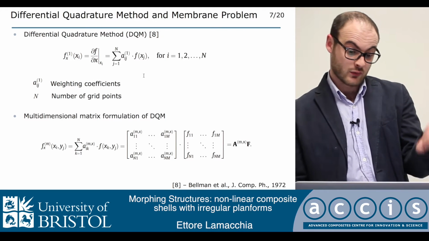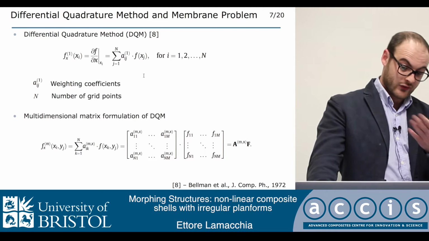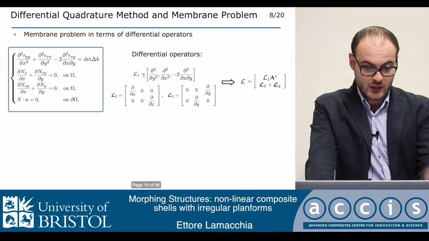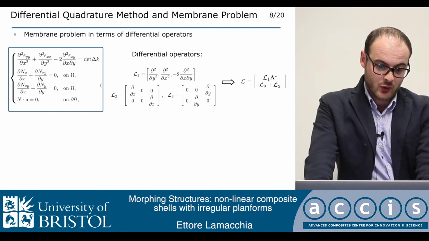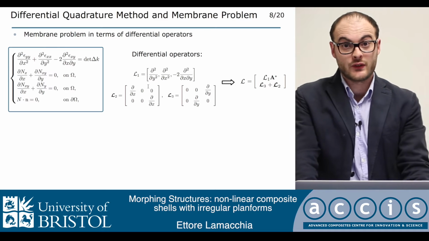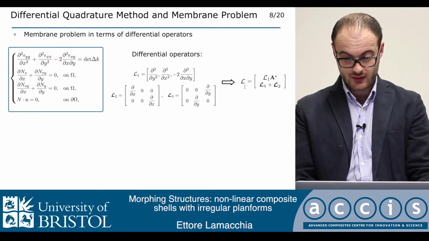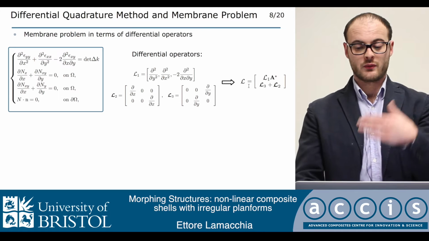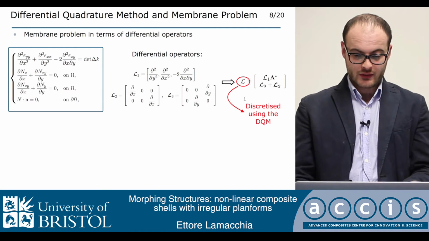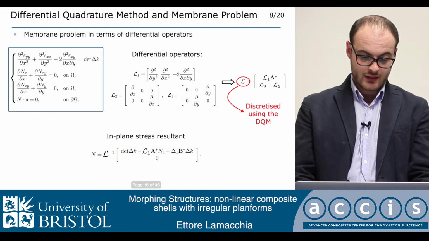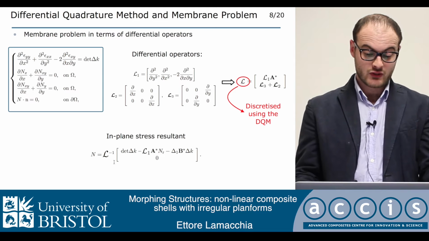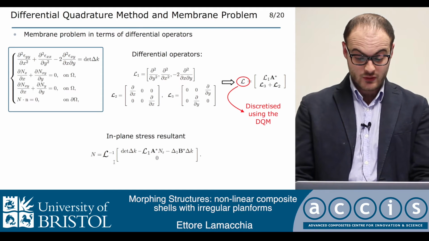In particular, we use the matrix formulation of the differential quadrature method because if we recall the membrane problem, we introduced three differential operators L1, L2 and L3, which we recast in a global differential operator that we call L. That's what we discretize using the differential quadrature method, so that the in-plane stress resultants can be found by simply inverting a matrix of weighting coefficients.